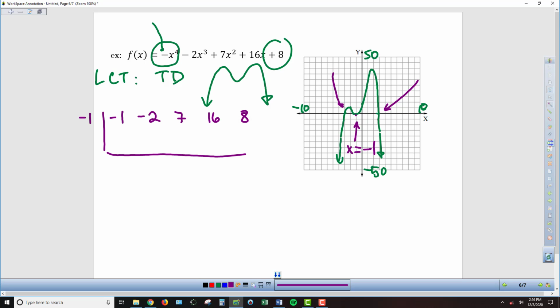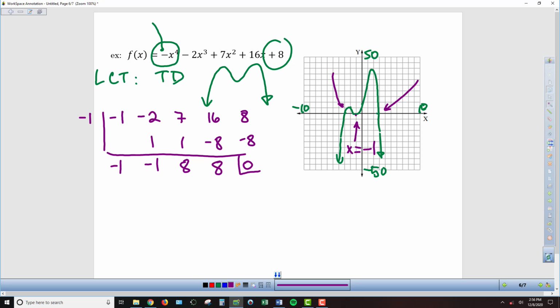Now we add in the vertical direction, multiply on the diagonal. -1 times -1 is 1, -2 plus 1 is -1, -1 times -1 is 1, 7 plus 1 is 8, -1 times 8 is -8.